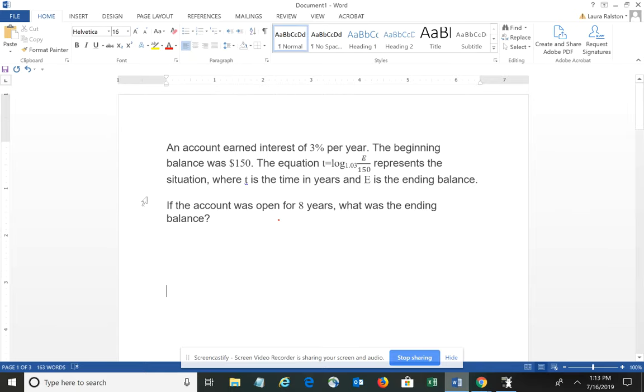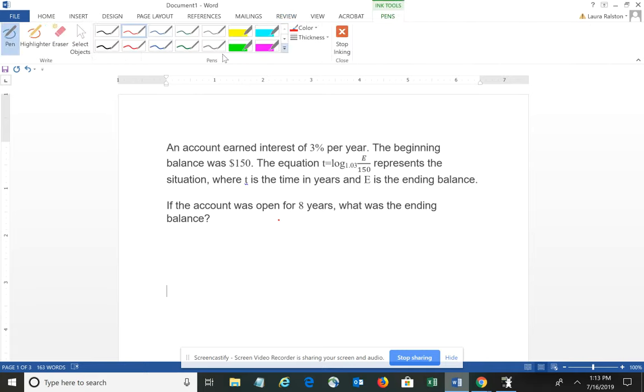So again, as I'm looking at this particular problem, I notice in the reading that I'm given the formula that I need, which is T equals the log of base 1.03 of E divided by 150.